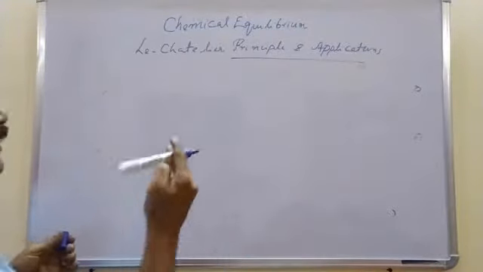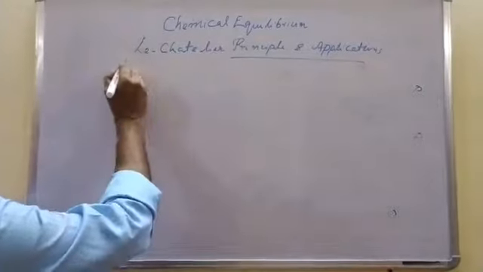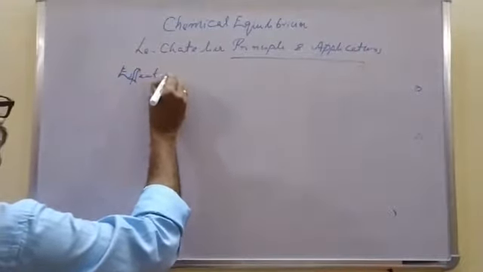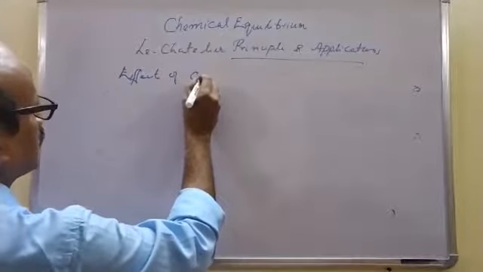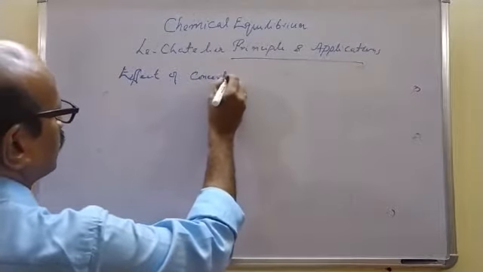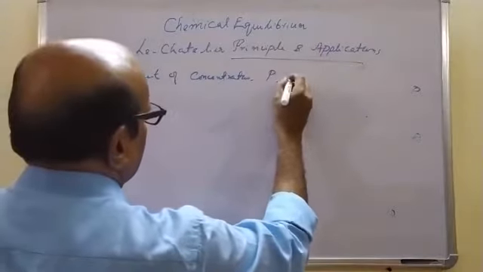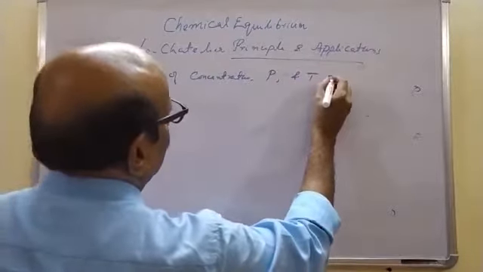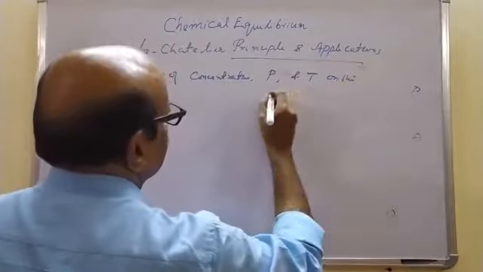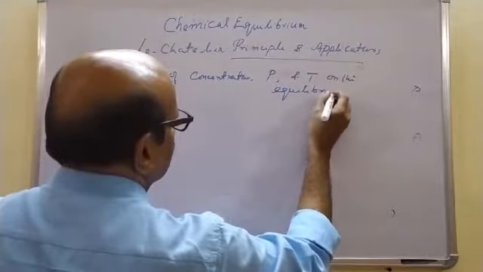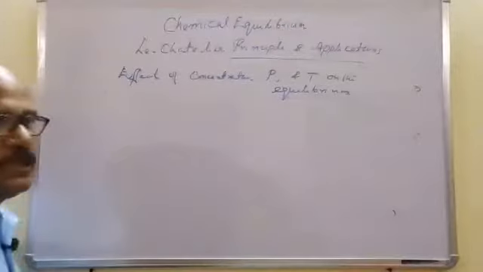Example, the effect of temperature. Effect of concentration, pressure and temperature on the equilibrium of a reversible reaction.